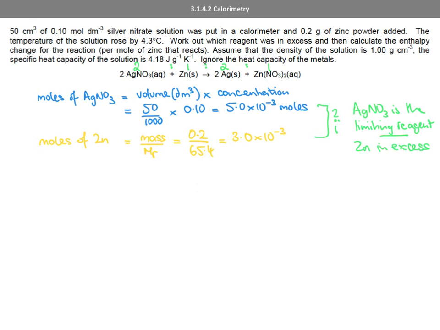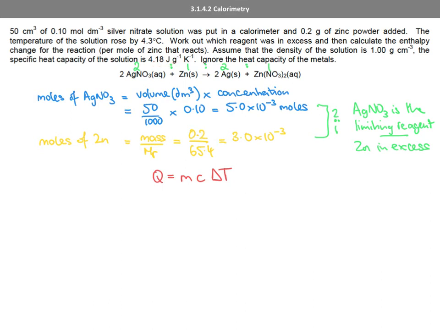And now we're ready to use the two equations that we've learned about regarding calorimetry. The first one is Q equals mcΔT. Regarding the mass, we're actually looking at the volume of solution. We've got 50 centimeters cubed, so that means we're going to have 50 grams as our mass. The specific heat capacity they give us as 4.18 joules per gram per Kelvin.